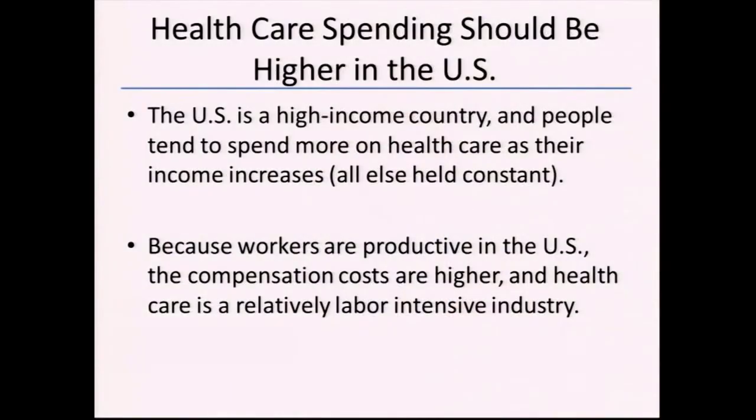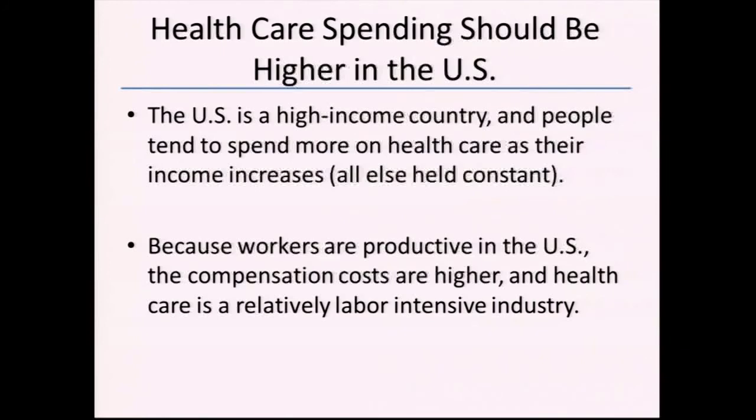Okay, so we clearly spend more on healthcare in the U.S. than other countries, and we're going to talk about why that is. But I want to make a couple of important points first about thinking about this higher spending, and these points are related to the fact that for some reasons, healthcare spending should be higher in the U.S. than in other countries. One reason is that we're a high-income country. As people become wealthier, they tend to spend a greater proportion of their budget on healthcare.